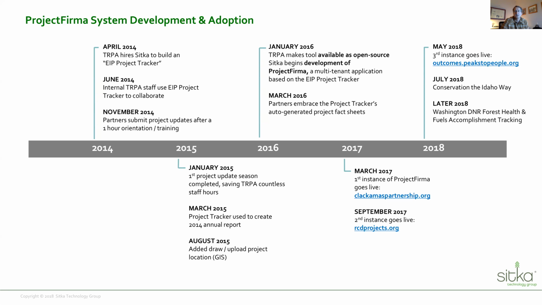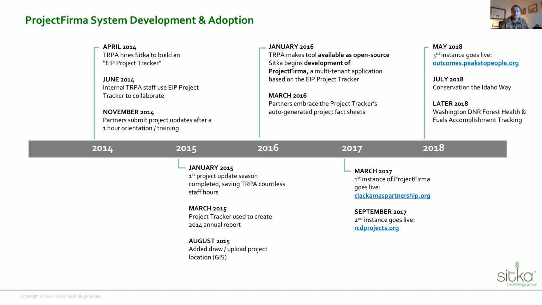Their granting of that open source license inspired us to contribute our own resources to abstract the EIP project tracker functionality so that it was more configurable and would work for programs other than TRPA. So technically speaking, we created a multi-tenant application to make it easier, quicker, and cheaper for others to start using it.